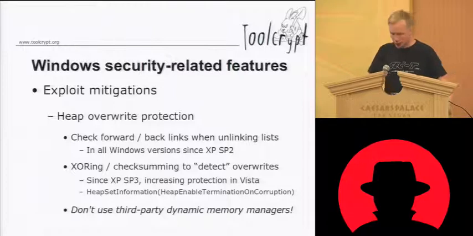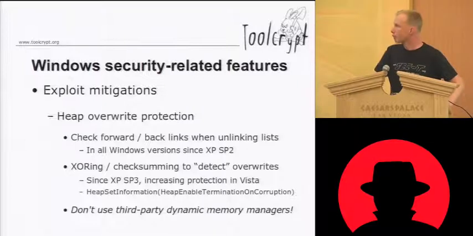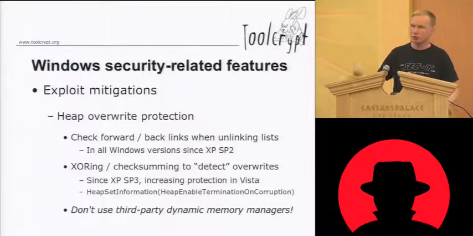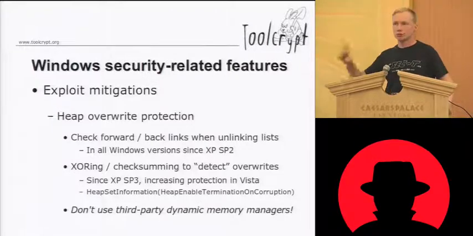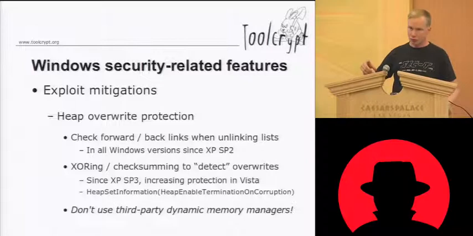So the first thing that they did was implement checking of forward and backward links when unlinking chunks or allocated regions in the heap. So basically in a standard heap manager, you would have linked lists of blocks of memory that are either on the free list waiting to be allocated or on the allocated list.